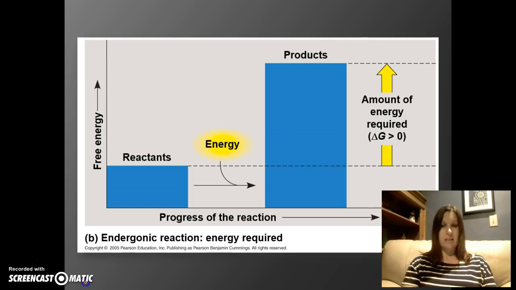Now, in an endergonic reaction, we see the opposite. Our reactants have less available free energy, and we're going to combine those reactants to make a product that therefore is going to have more available free energy. Therefore, delta G is going to be greater than 0. We're going to have a positive number, and we have an endergonic reaction.